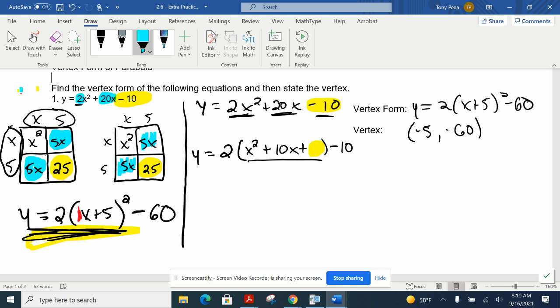Don't we have 10 x's? And when I have 10 x's, doesn't the square get completed with a 25? So that's what we would add here.